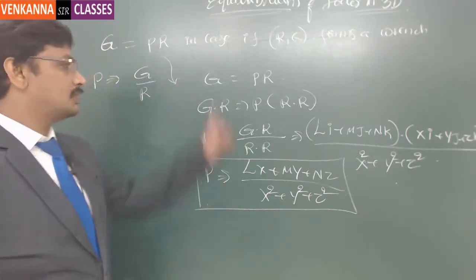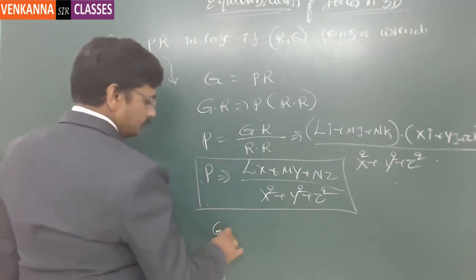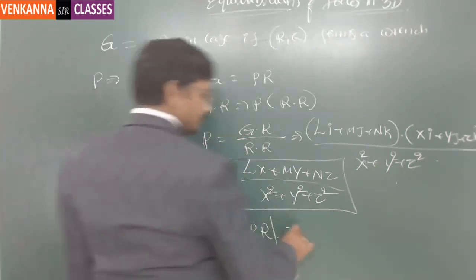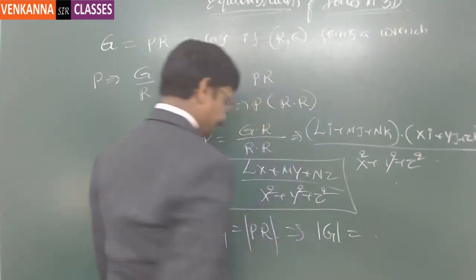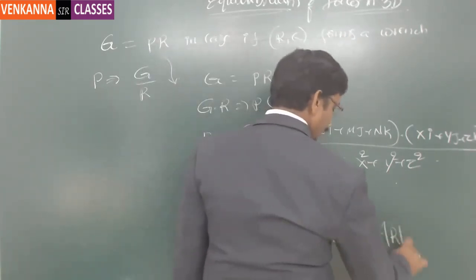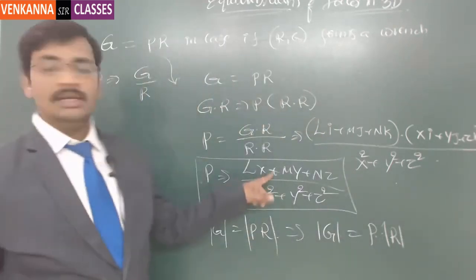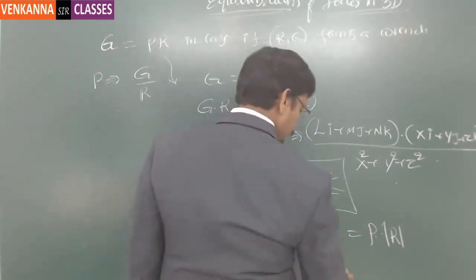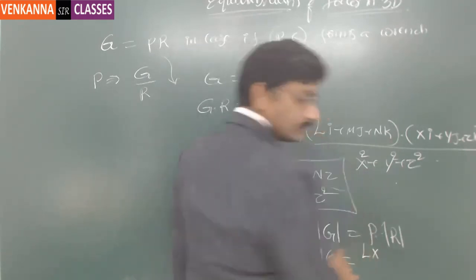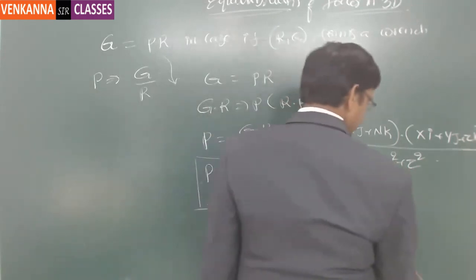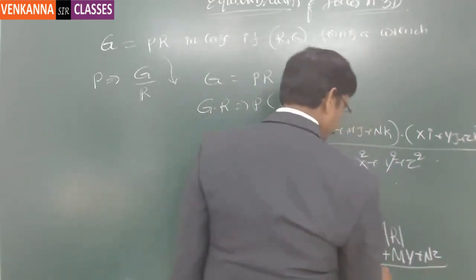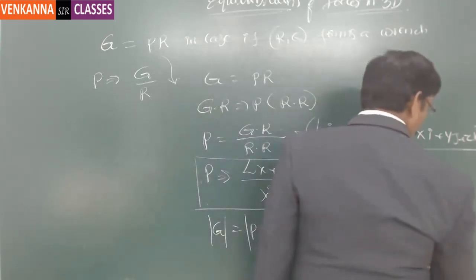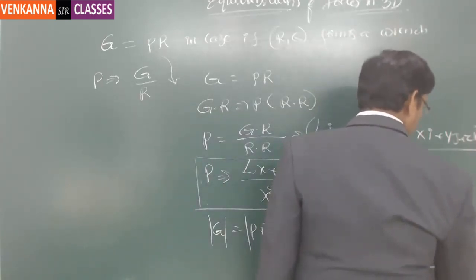Now if you back substitute this in G equal to PR and take the modulus on either side, mod G is equal to P, which is a scalar, times mod R. P you can equate to this expression, and mod R is the square root of X square plus Y square plus Z square.